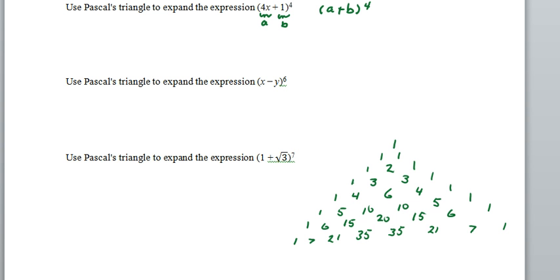We will take the coefficients from the fourth row, starting the counting at 0, and notice that there will be 5 terms. And so we start with coefficient of 1 times 4x to the fourth times 1 to the 0.